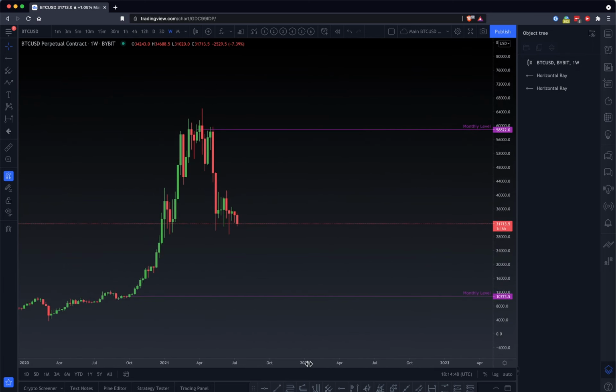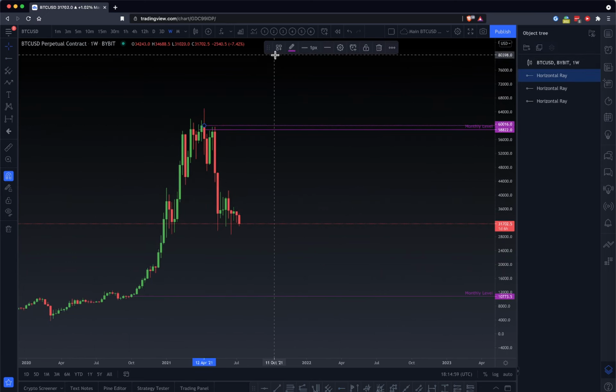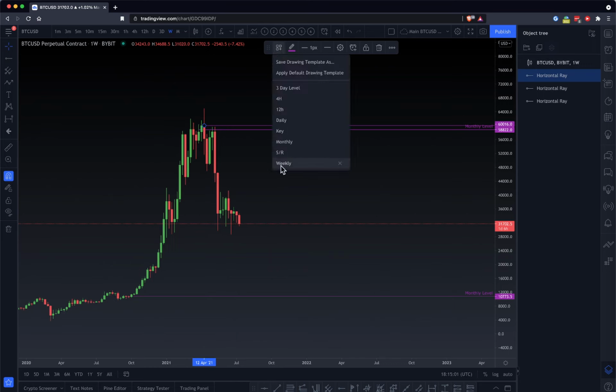So the levels that we are marking out don't mean the price will get there. We're just marking them so we are ready for all the scenarios that might happen. It's very unlikely for now.